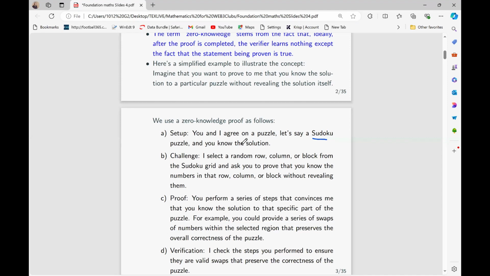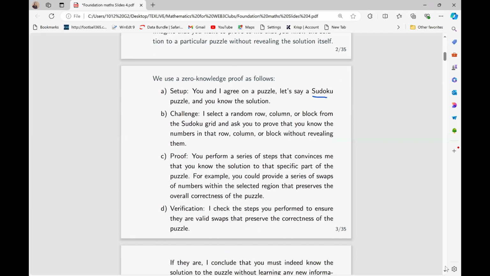So after you try to convince me, I'll try to verify. The verifier must always verify after the prover has made his statement. So I check the steps that we performed and see whether they are valid. If they are valid, then I'll know that you have that information. I know that you know the solution to that Sudoku puzzle.